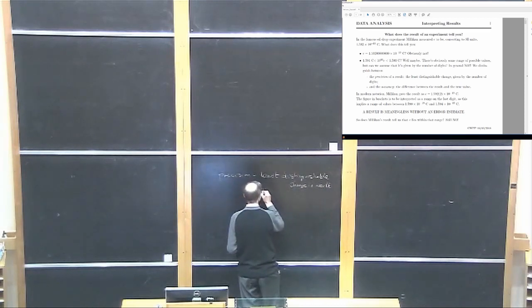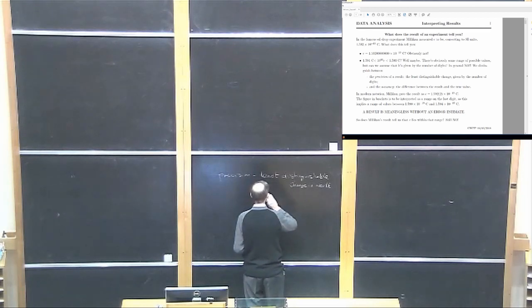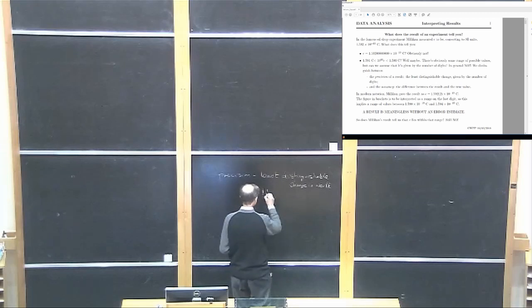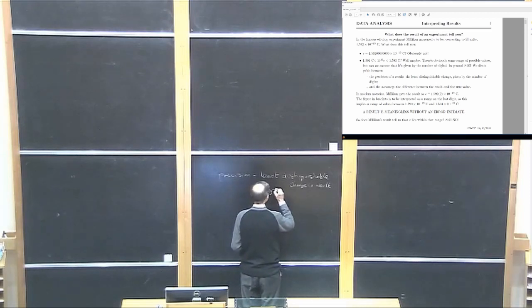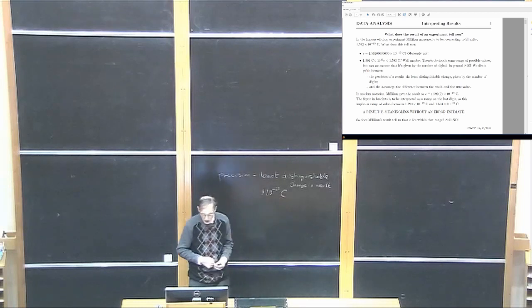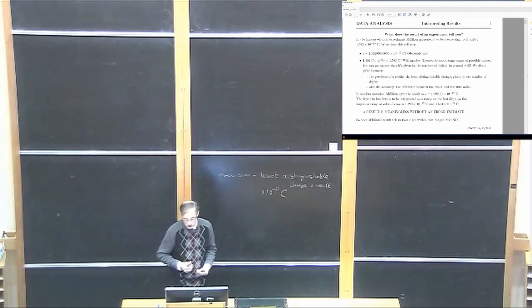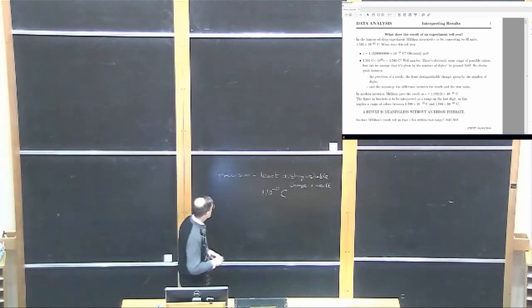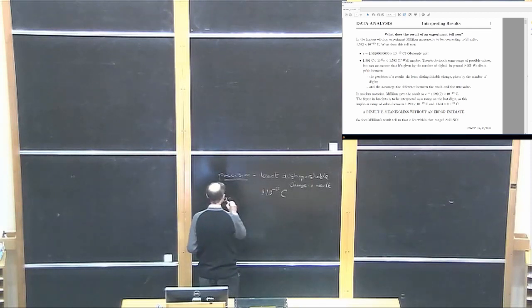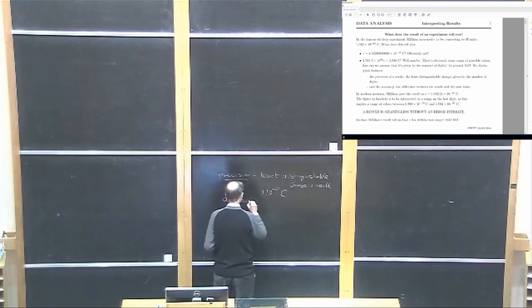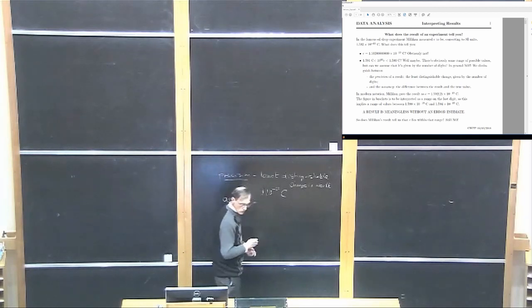In this case, it's 10 to the minus 3 times 10 to the minus 19, which is 10 to the minus 22 coulombs. And normally that would be related to the accuracy, but the accuracy is a different number. It is the difference.